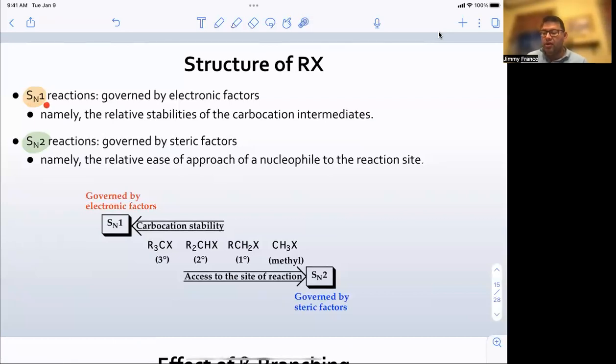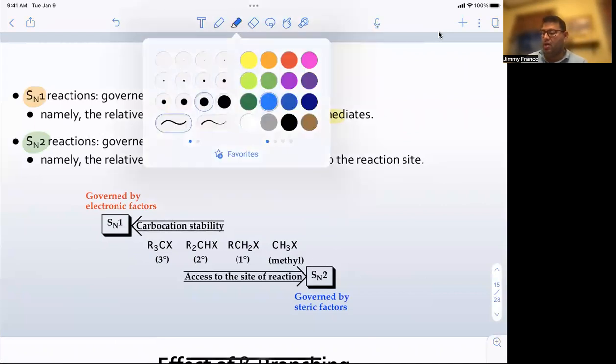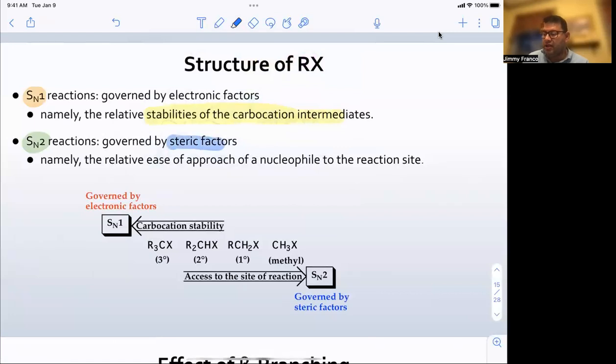If it's SN1, it's going to be governed by electronics. What you should really think about there is the stability of that carbocation. So the more stable that carbocation is, the more likely SN1 is to happen. SN2 is governed by sterics, which means crowding. The more stuff there is, the less likely it is to happen.